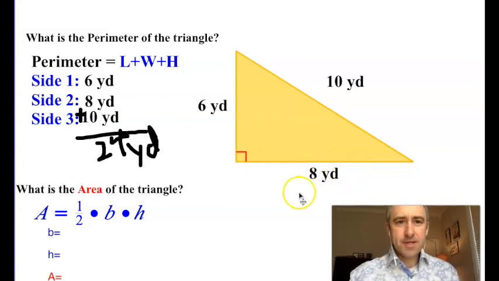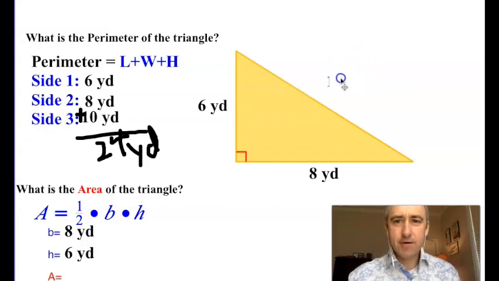So we called this side 2 before, or we could call it the length or the width, but this time we're going to call that the base. Our height here is 6 because that's where the right angle drops down. And notice we don't use the 10, so we're going to cover that up so it doesn't confuse us.